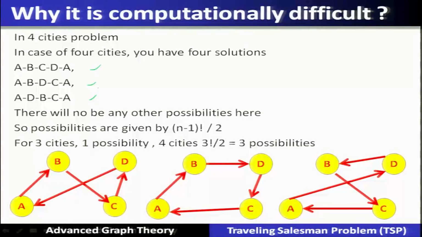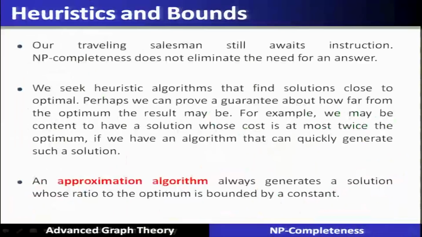So, let us see how many possibilities it has to explore, that is (n minus 1) factorial by 2. Even for 4 cities it comes out to be 3 factorial by 2, that is 3 possibilities. As we increase the number of nodes in the problem, this search space becomes exponential in size and becomes a difficult problem, which cannot be easily solved in this manner.